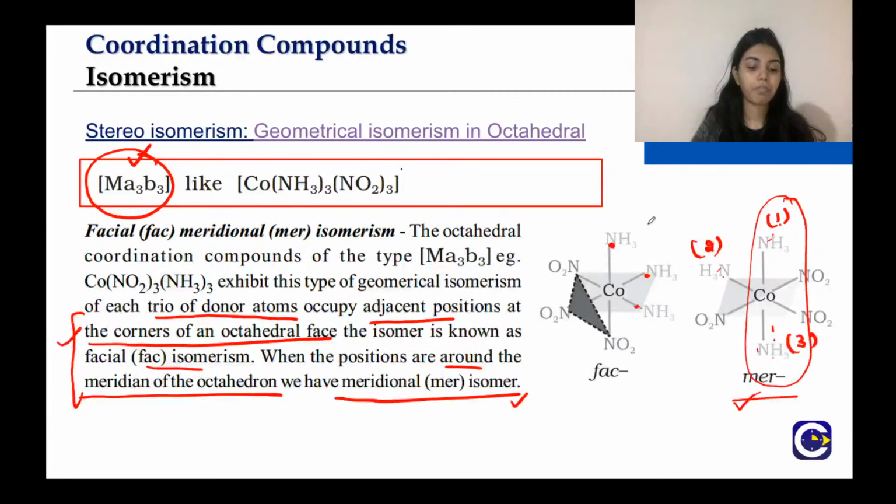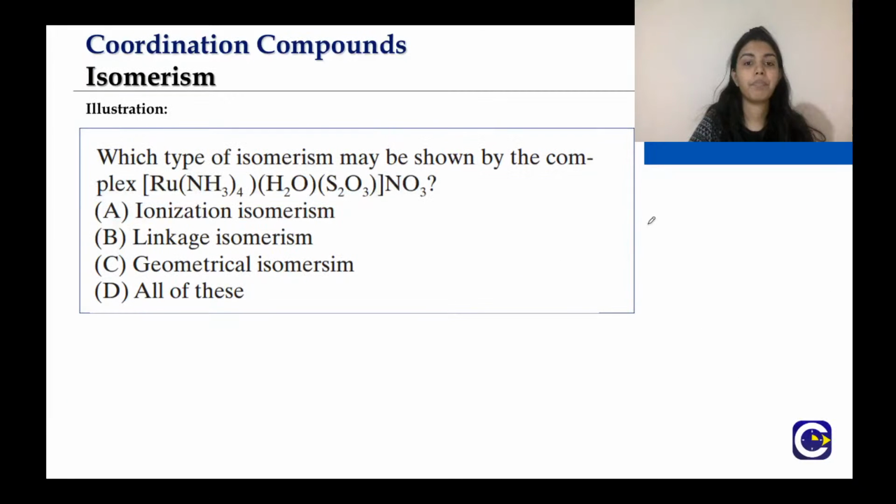Okay. Now next, here is a question. Which type of isomerism may be shown by the complex? You are given the complex. Amongst A, B, C, D, which one should be the answer?